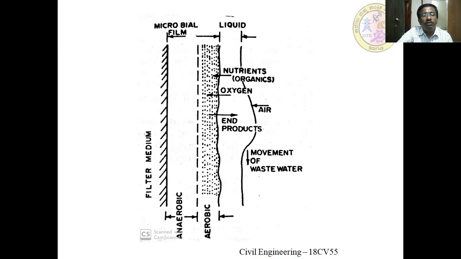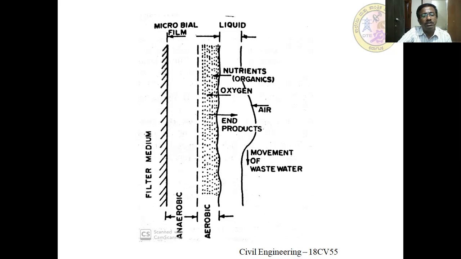In the outer layer, when the wastewater flows over the media, the nutrients and organics present are consumed by the aerobic bacteria, which utilize oxygen for their survival and for the production of energy.